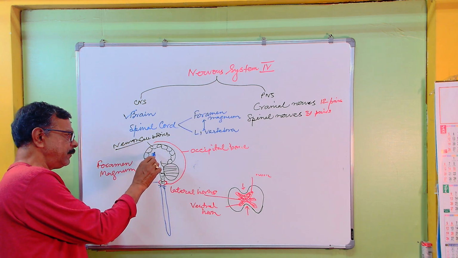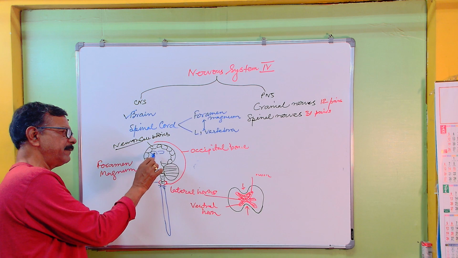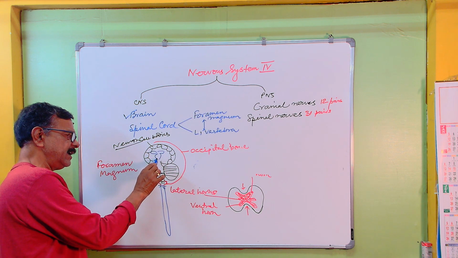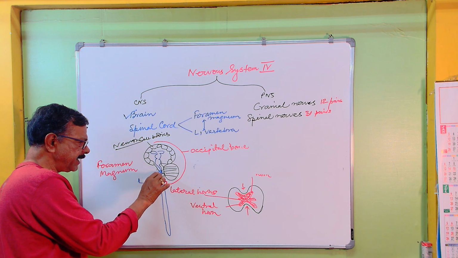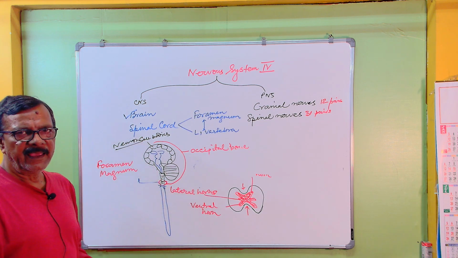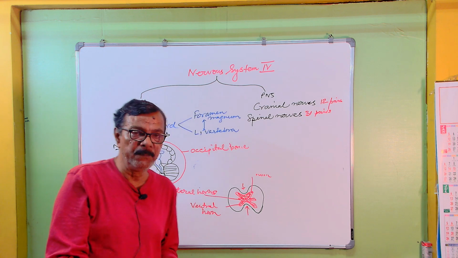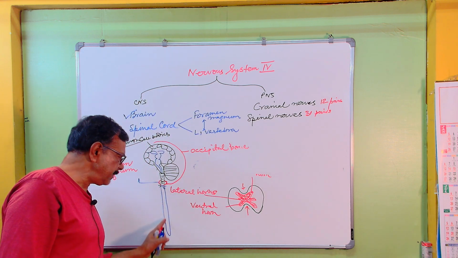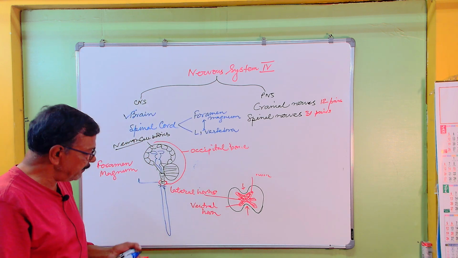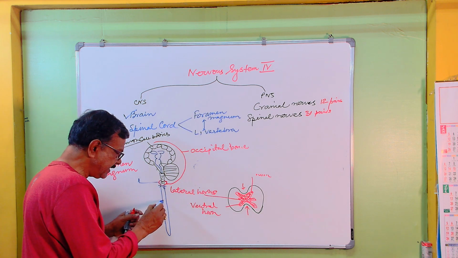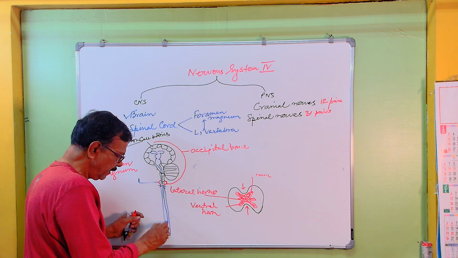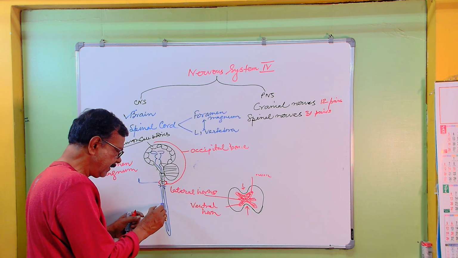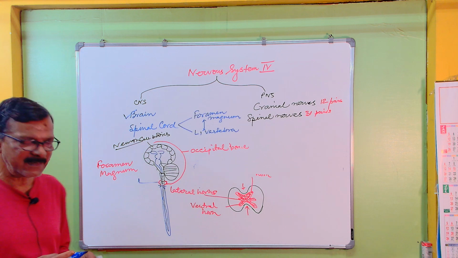And inside, as we have said, there are two lateral ventricles, one third ventricle, and one fourth ventricle, and the fourth ventricle continues as a tube inside the spinal cord. What is the name of that tube inside the spinal cord, through which the CSF passes?